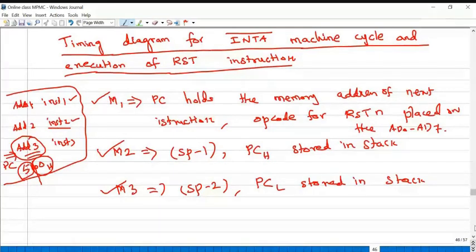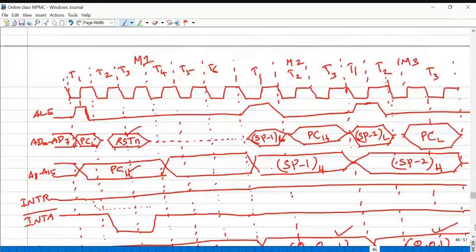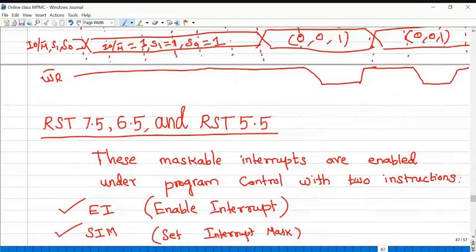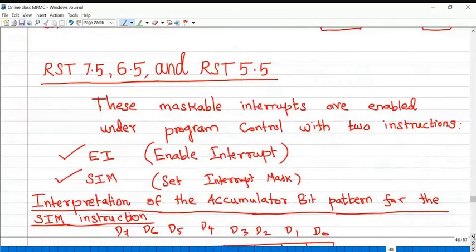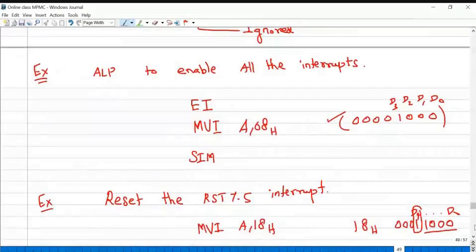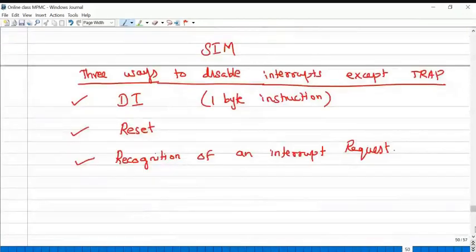And the timing diagram for INTA. Then instructions related to interrupts: enable interrupt, disable interrupt, set interrupt mask, read interrupt mask. So these are the topics available in Unit 1.